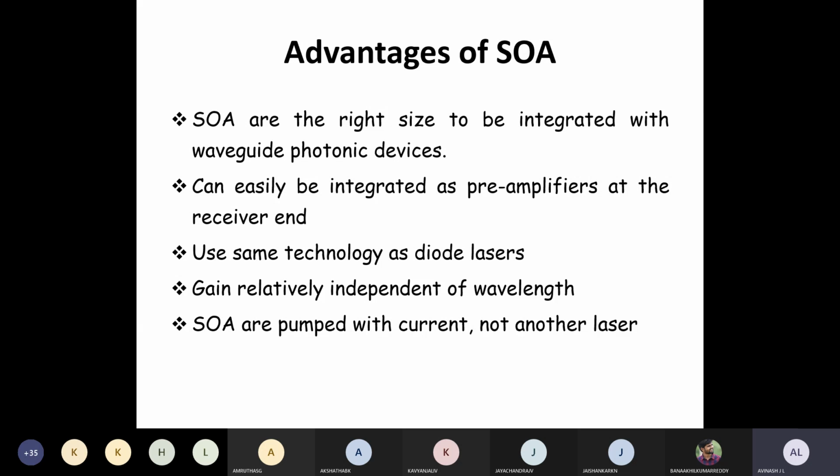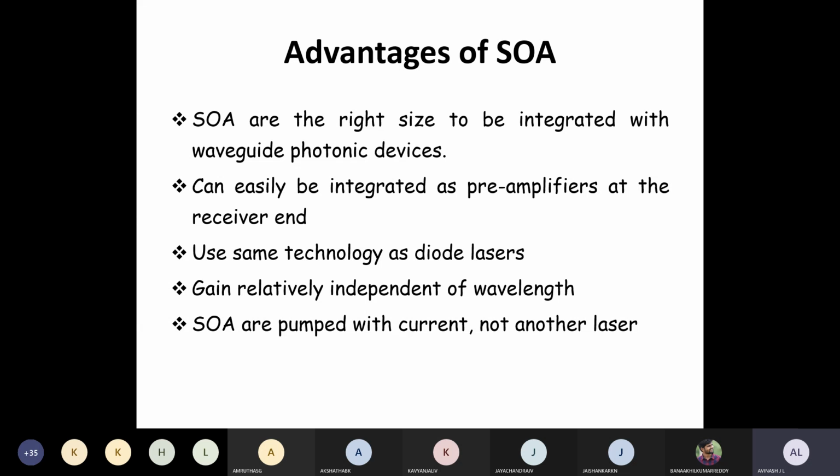But when you compare SOA with other optical amplifiers, in other optical amplifiers we may be using another laser in order to amplify the signal. Just imagine the complexity. If you are using another laser for amplification purposes, it indicates there should be separate circuitry for preparing the other laser.